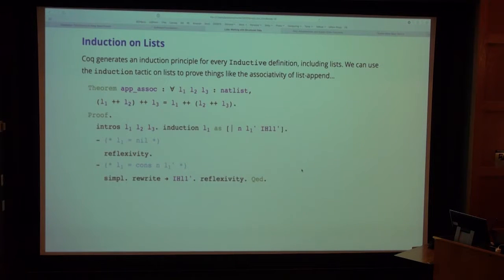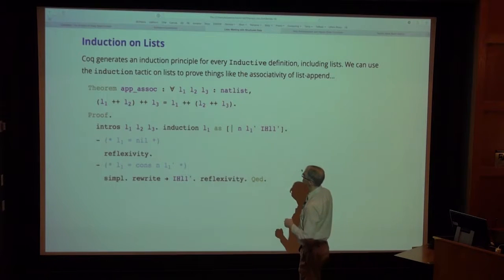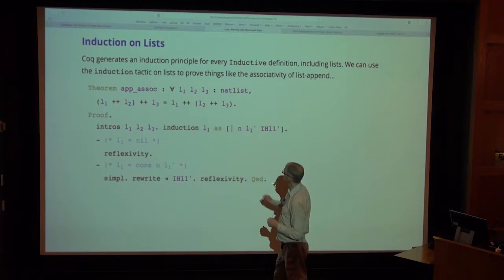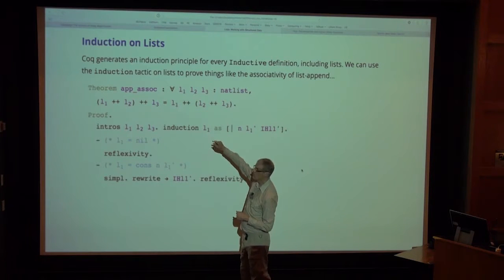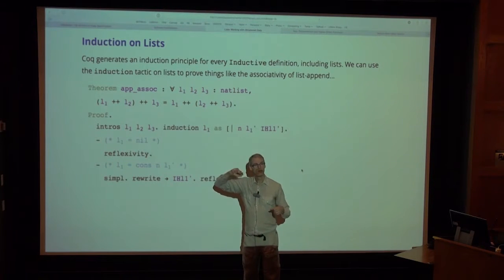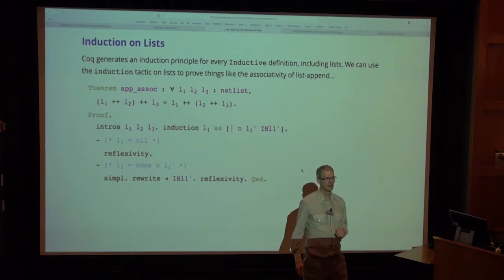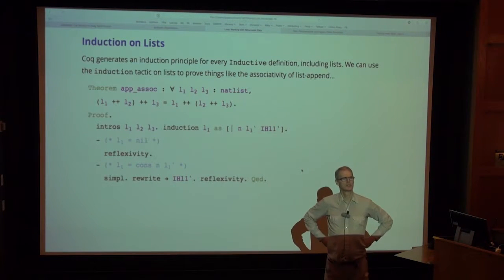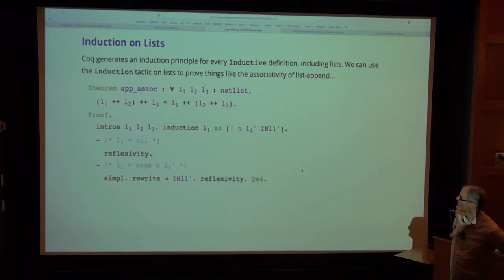So here, for example, is the associative property for the append function, and we prove it by induction on what? Well, we have 3 lists here, so in principle there are 3 things we could do induction on. How do we know which one to use? The definition of the function, and see on which one it calls it here? Indeed.